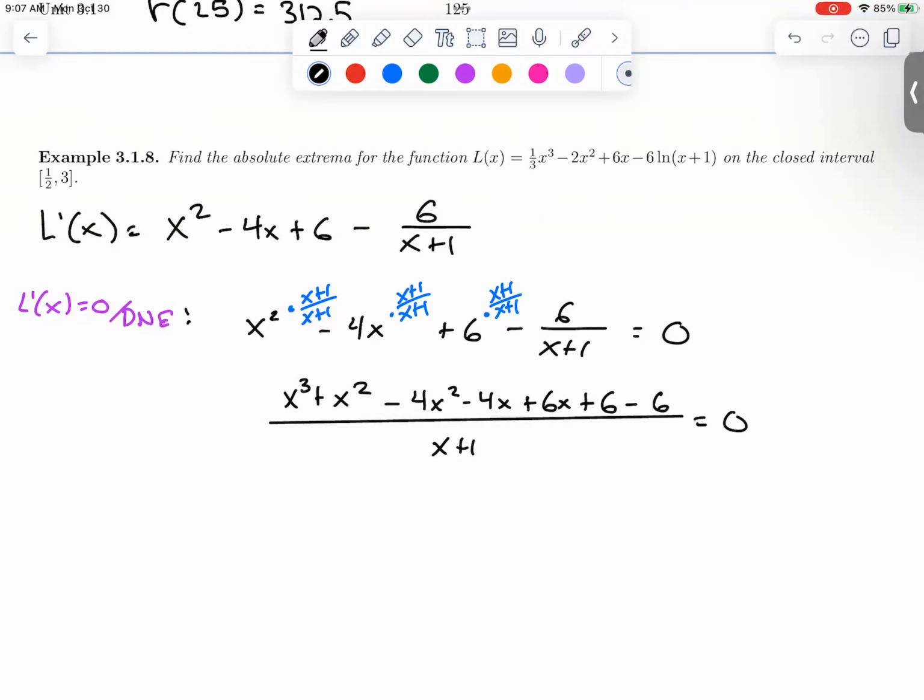That's looking better. That's looking like something that we can factor, hopefully. We'll stick with it, and then from there we'll see what we can do.